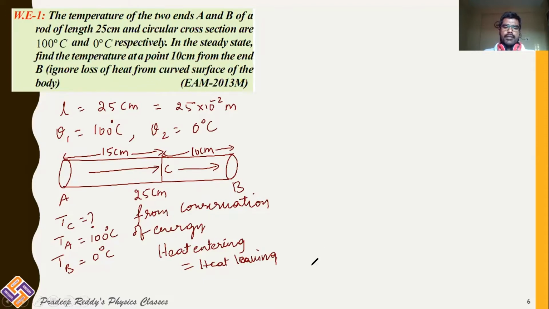Whatever amount of heat is entering into this position C, the same amount of heat will be leaving from C to B. So therefore, heat flown from A to C should be equal to heat flown from C to B.